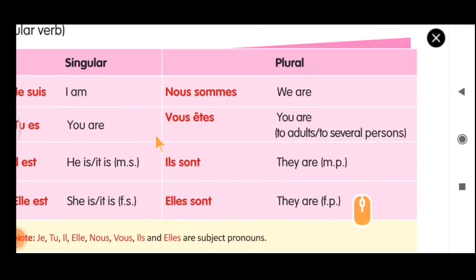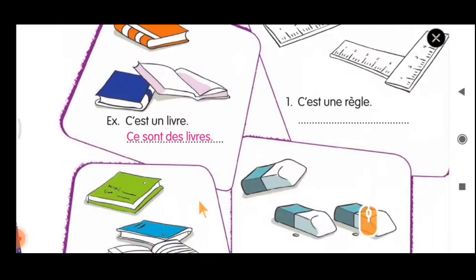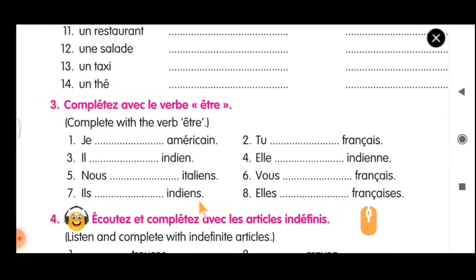So the answer is given here. Nous sommes, S-O-M-M-E-S. Likewise, next is vous êtes. And the next is S-O-N-T, S-O-N-T. So let's go and try again in the exercise. So nous sommes, S-O-M-M-E-S should come here. And vous êtes, E accent circonflexe, T-E-S.